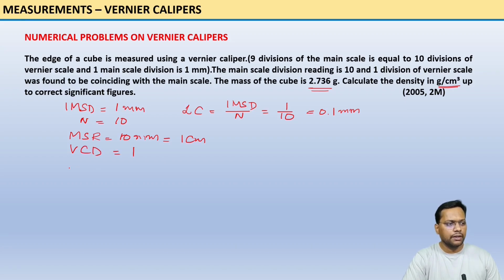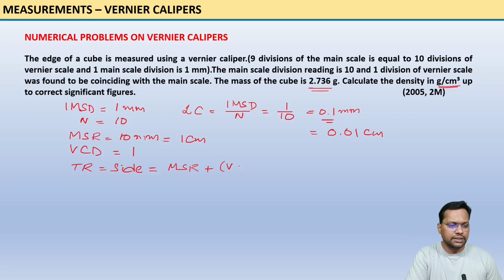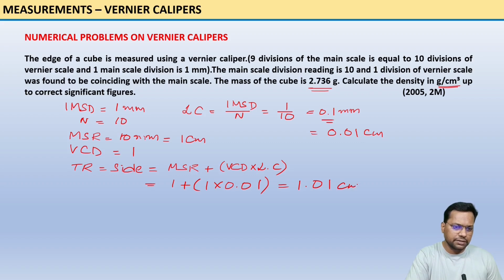The total reading, that is the side of the cube, is equal to the main scale reading, MSR, plus the Vernier scale reading, that is VCD, into the least count. So here the MSR is 1 centimeter plus VCD, that is 1, into the least count 0.01. That is equal to 1.01 centimeters. This is the side of the cube.